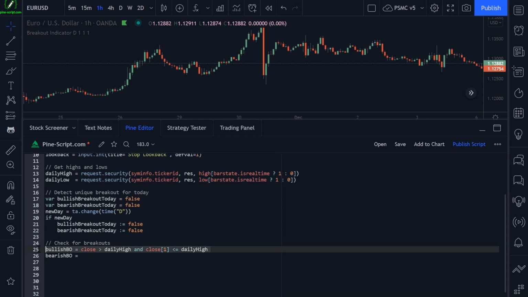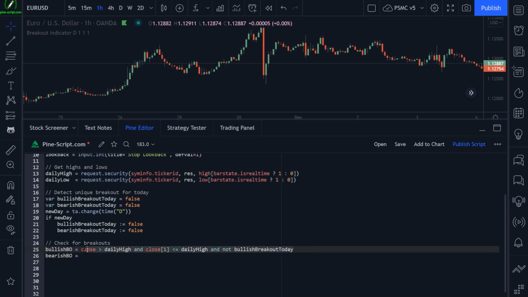So this will detect a breakout whenever it happens, but we don't want to detect multiple breakouts. We only want to detect one breakout per day. And that is where our bullish breakout today flag comes in. So now I need to add on to the end of this bullish breakout check: do we have a breakout, and have we not had a bullish breakout already today?